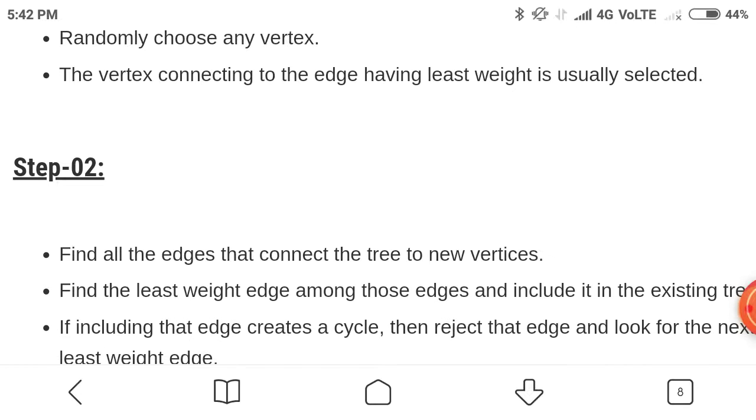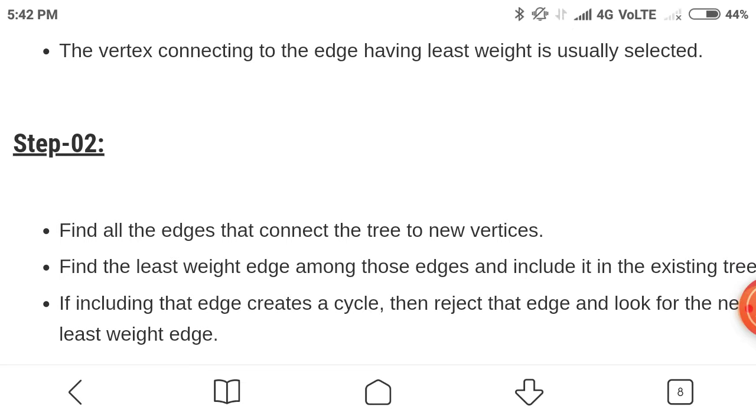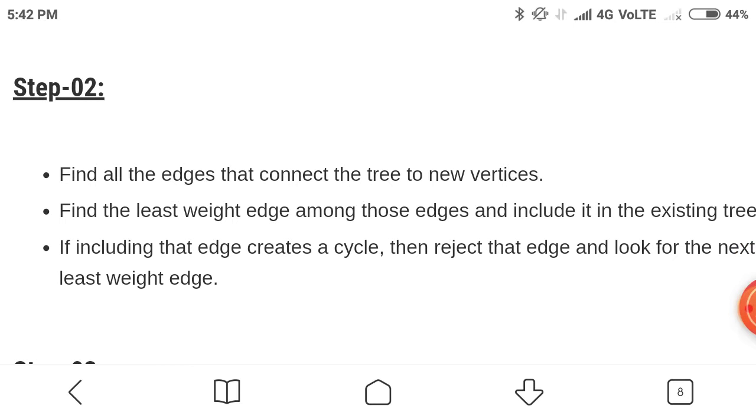Now step 2: find all the edges that connect the tree to new vertices. Find the least weight edge among those edges and include it in the existing tree.